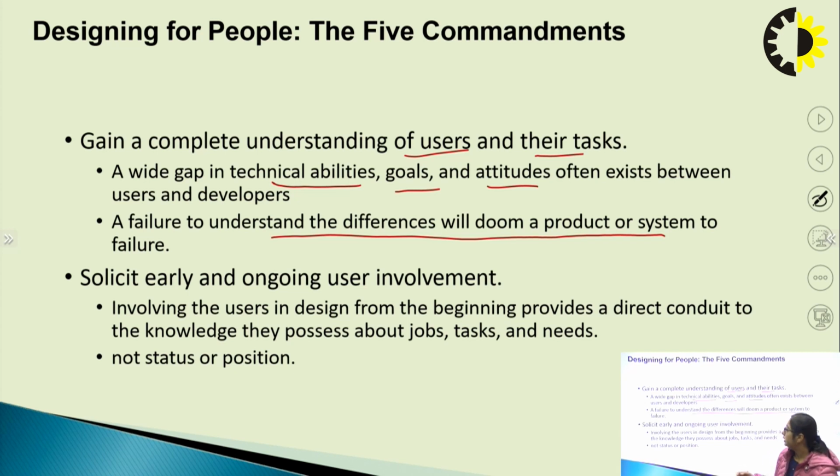Involving the users in design from the beginning provides a direct conduit of the knowledge they possess about their jobs, their tasks and their needs. If you don't do that, at last you have to make several changes in your user interface. So it is a good practice to involve users in ongoing development.